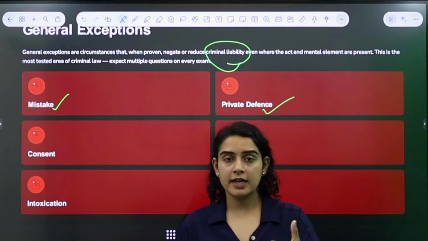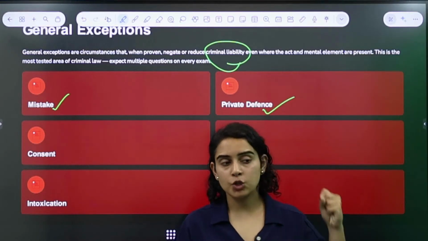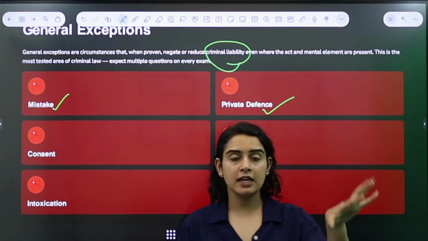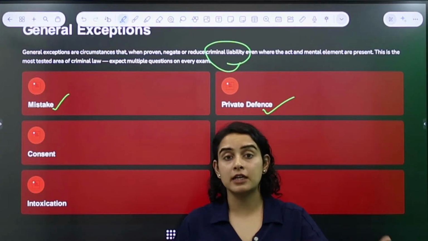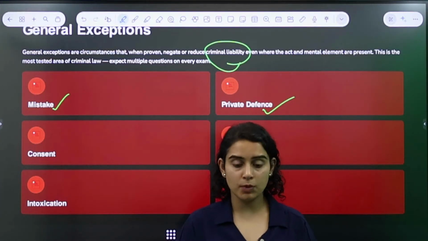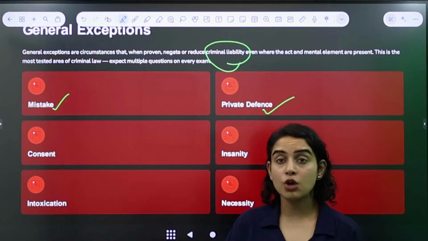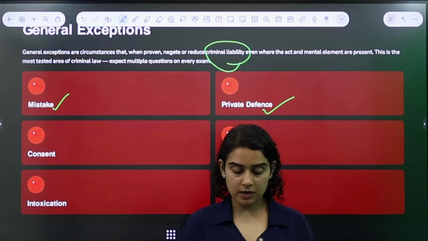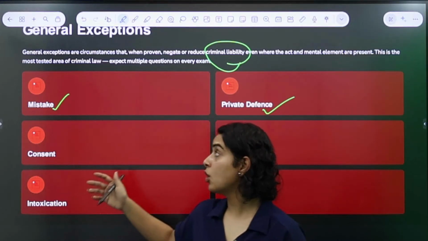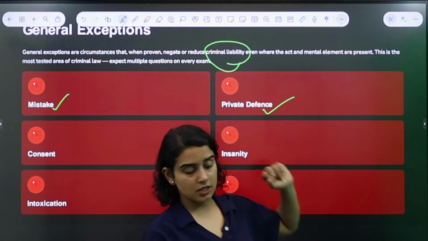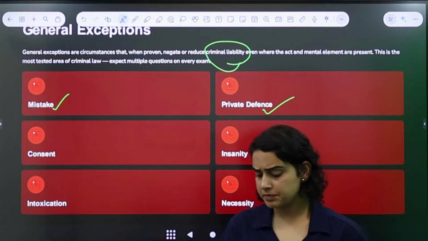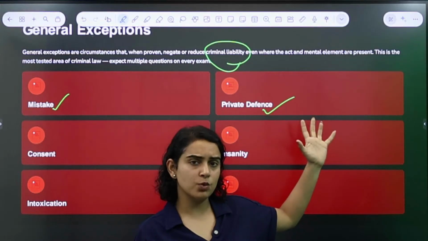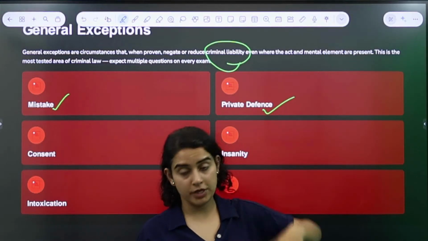A person attacked you, to protect yourself, you attacked him, right? You retaliated, and in that entire thing, he got killed. So in that case, you're not responsible for his death. That's not something where you have done a murder. That's something where you have used your right of private defense. So private defense is something which can save you if you were just trying to protect yourself.